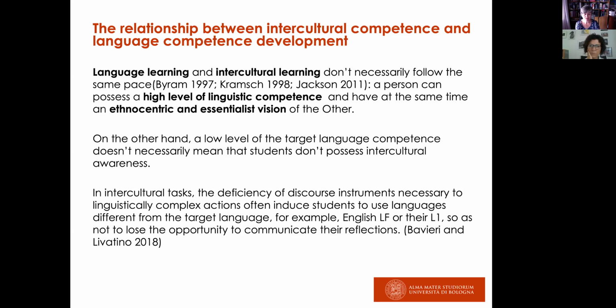Bavieri and Livatino show how in intercultural tasks with groups of students having limited linguistic proficiency, the deficiency of discourse instruments necessary to carry out linguistically complex actions induces students to use languages different from the target language, for example, English as a lingua franca or their L1, so as not to lose the opportunity to communicate their reflections.